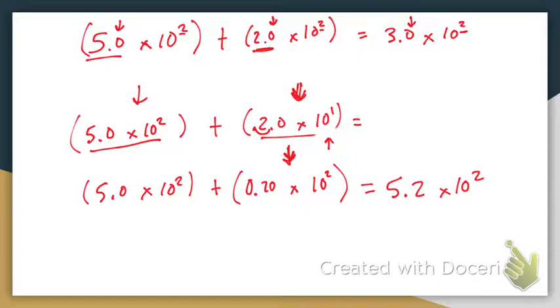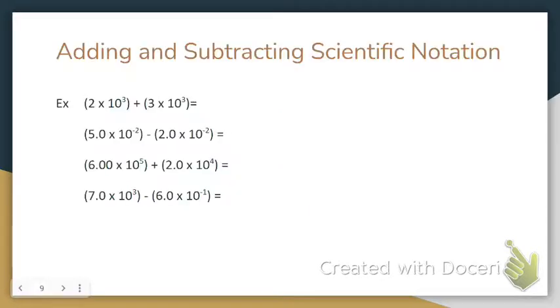So let's just do some practice problems here. So here we notice that the exponents are the same. So 2 plus 3 is going to be 5, times 10 to the third. Here, 5.0 minus 2.0 is going to be 3.0 times 10 to the negative second. And this is where it gets a little trickier. So I have 6.00 times 10 to the fifth, and 2.00 times 10 to the fourth.